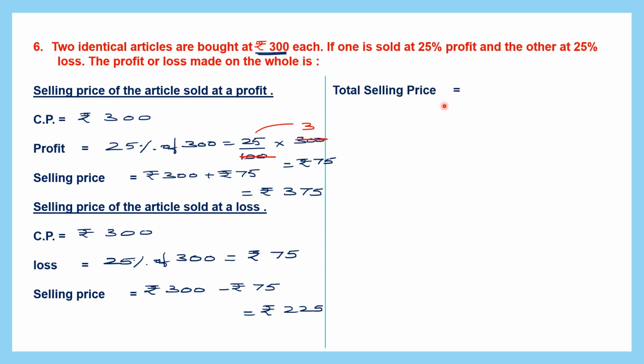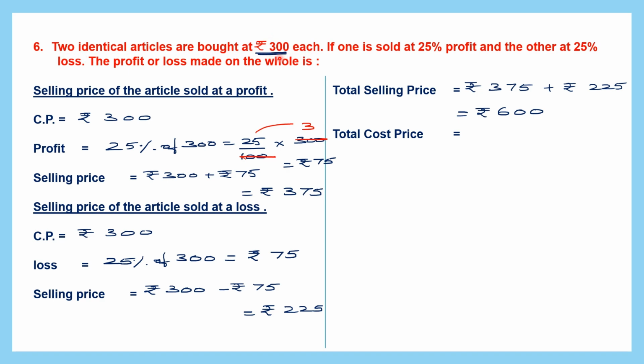So we have the first selling price 375, the second selling price 225. Now, what is the total selling price? We have to add up both. So 375 rupees plus 225 rupees is equal to 600 rupees. This is the total selling price. Then the total cost price. Since each article was bought at 300 rupees, that means there are two articles.